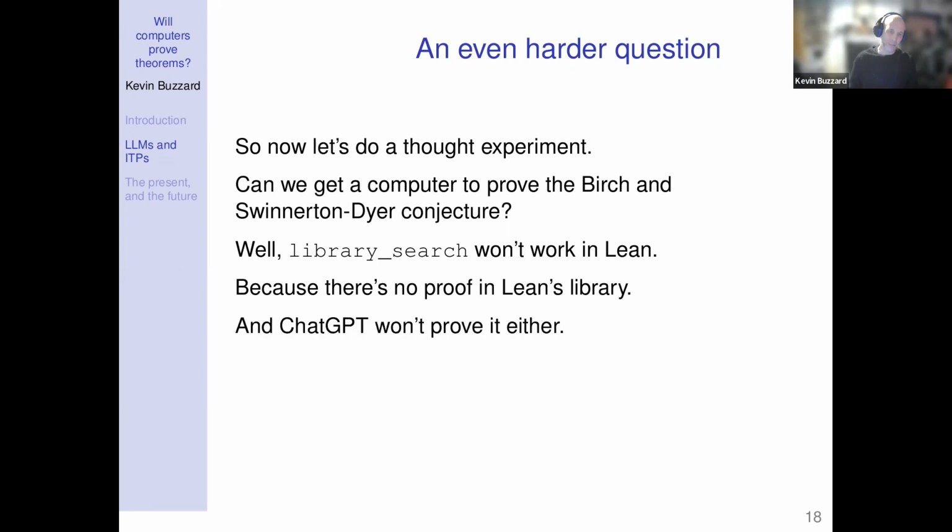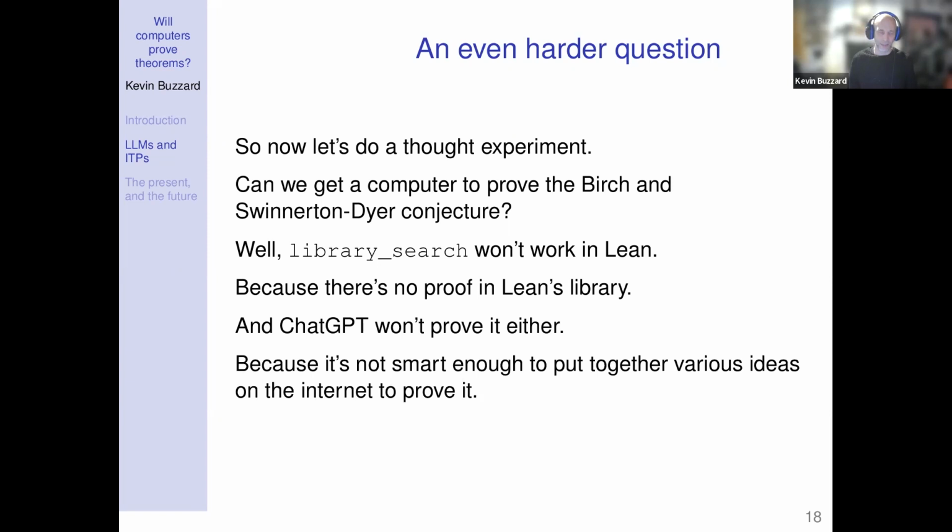And the large language model, well, you know, some computer scientists think that it's only a matter of time, but I'm slightly skeptical about that assertion. I don't think that the plan that we have for large language models right now is going to be good enough to prove things like the Birch-Swinnerton-Dyer conjecture, because right now it might have learned the internet, but there's not a proof of the Birch-Swinnerton-Dyer conjecture on the internet.